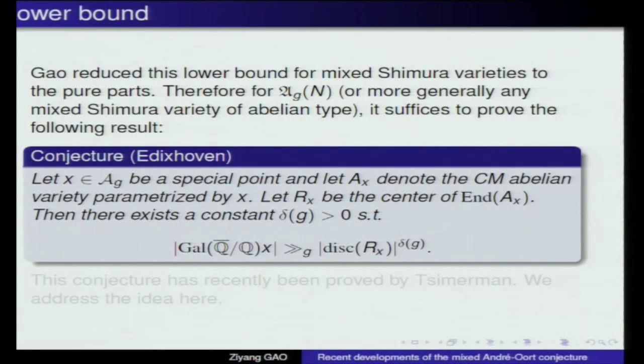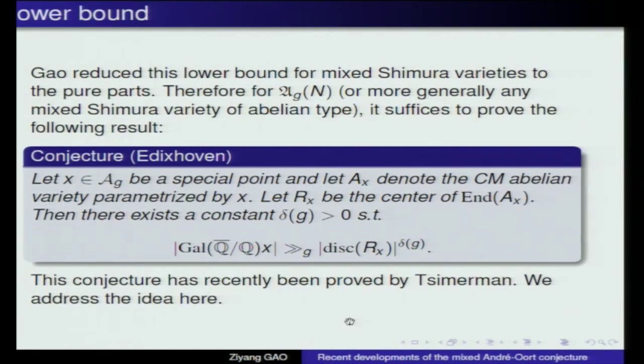Now we take any special point x in the modular space, and we denote by A_x the CM abelian variety parametrized by this point. Let R_x be the center of the endomorphism ring. Then the size of the Galois orbit of x is uniformly bounded below by the discriminant of the center of the endomorphism ring.